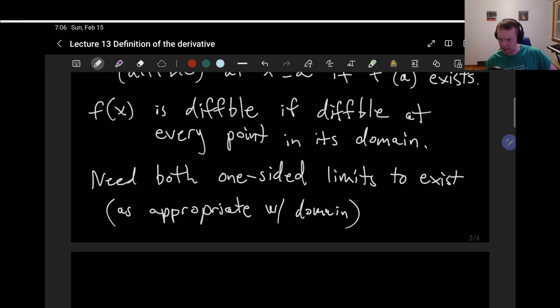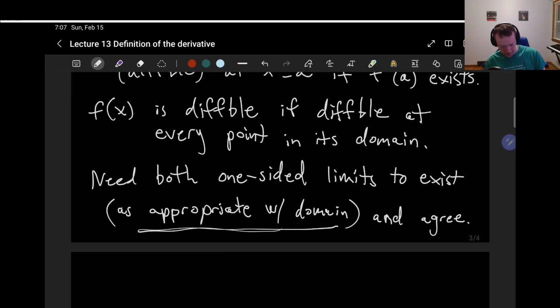That's just getting into the weeds a bit. So we need both one-sided limits to exist and agree. That's when your overall limit exists. So this as appropriate with domain part.